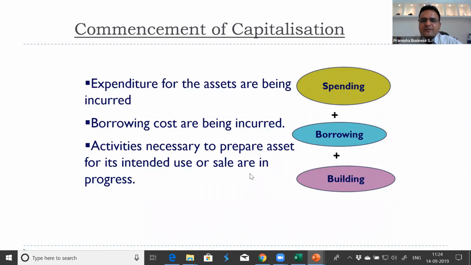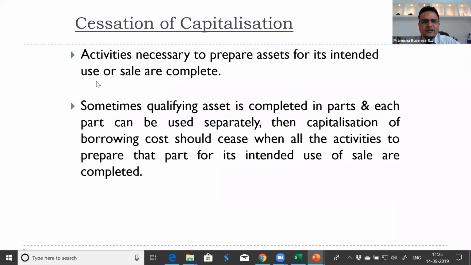Commencement of capitalization: when the expenditure for the asset is being incurred, you started spending the borrowed money and you started constructing, borrowing costs are being incurred, and activities necessary to prepare the asset for its intended use or sale are in progress. If you started incurring money on it, you can commence capitalization. Cease capitalization when all the activities necessary to prepare the asset for its intended use or sale are complete.